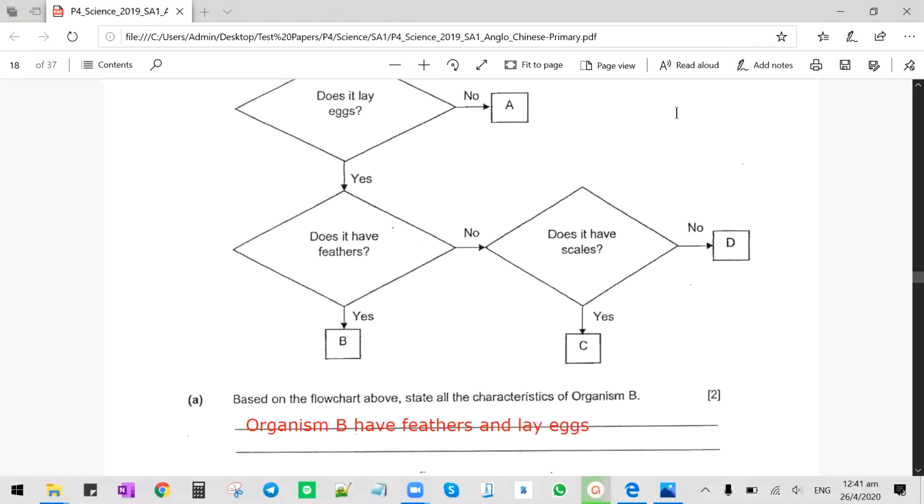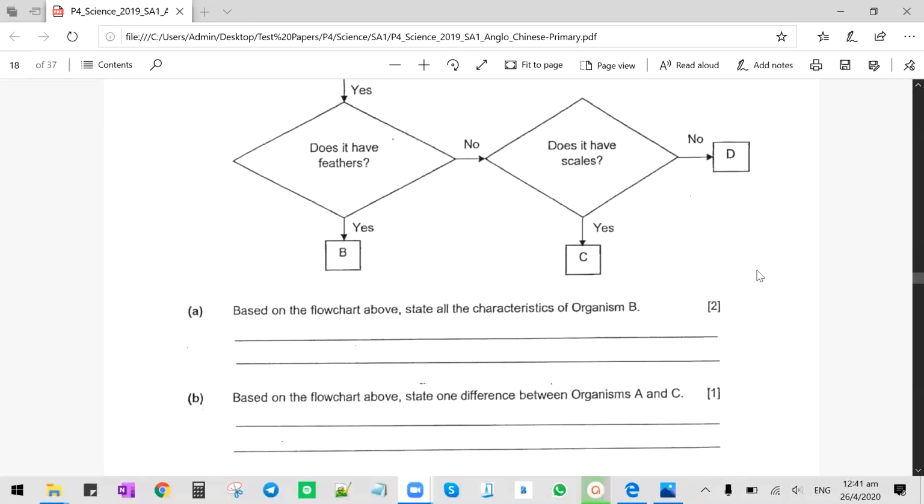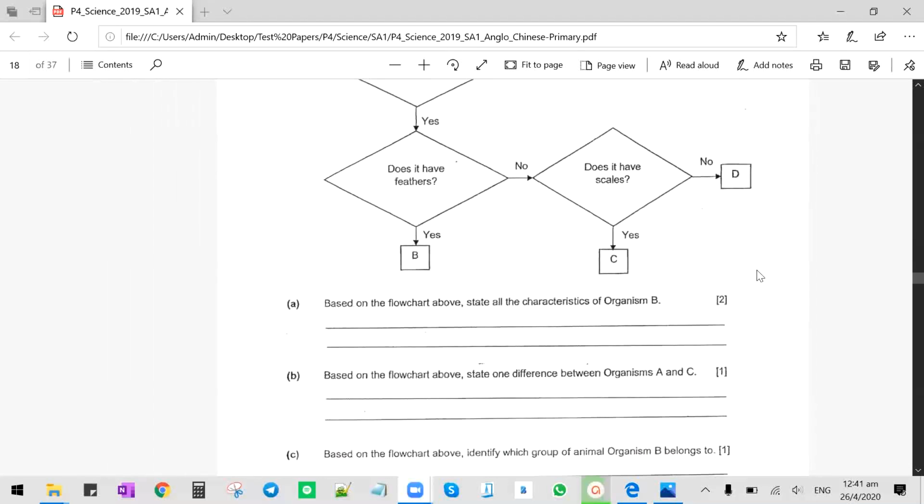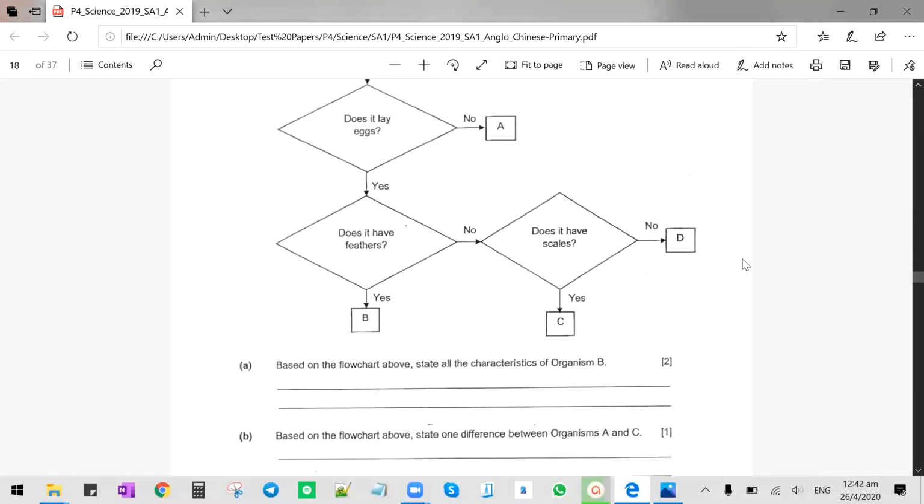That is your answer. Next question, which I'll have to clear. Based on the flowchart above, state one difference between organisms A and C. One difference between A and C. So the difference is this one. Does it lay eggs or not?